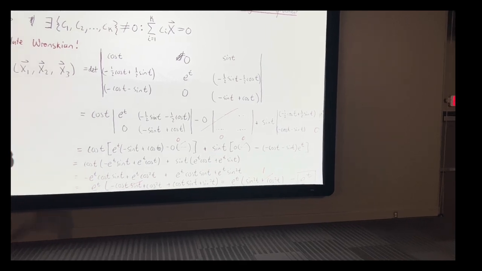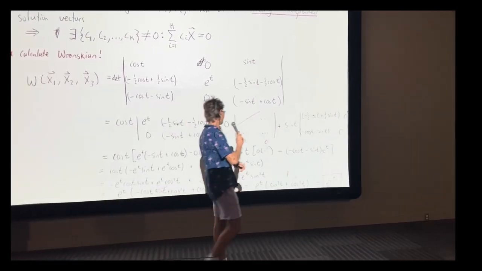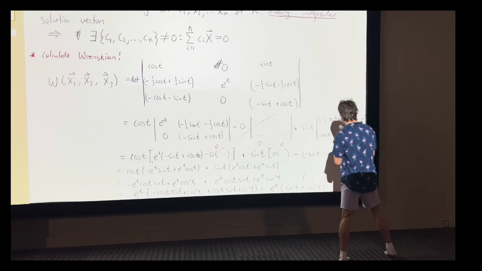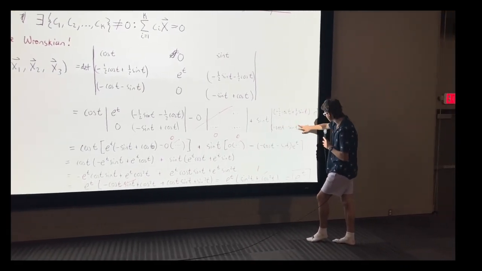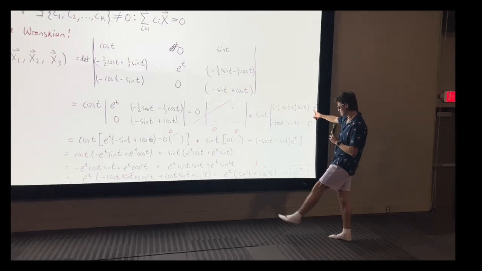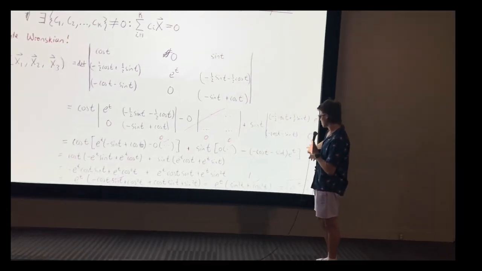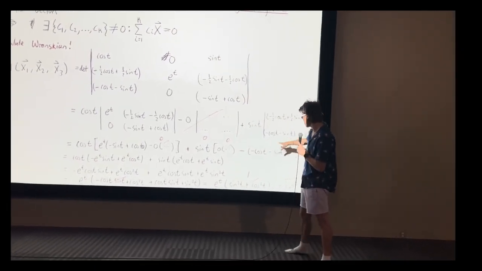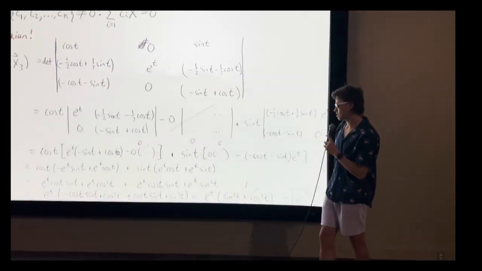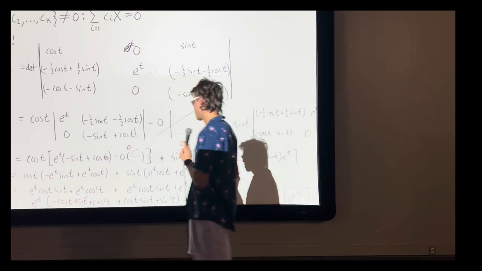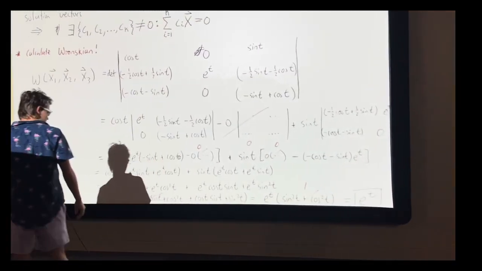So A times D is this stuff times 0, that's 0, minus this stuff times e to the t there. So we get for this third part, negative cosine t minus sine t, all multiplied by e to the t. Simplifying, final stage is here.